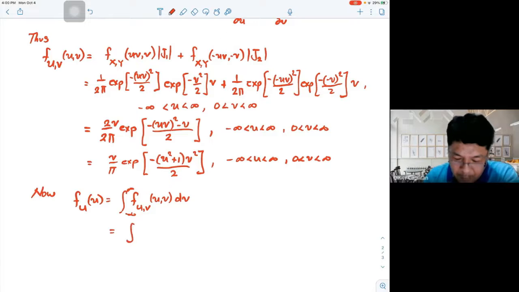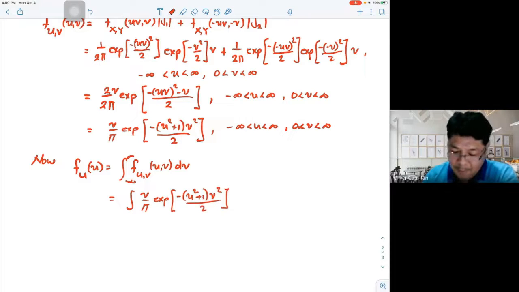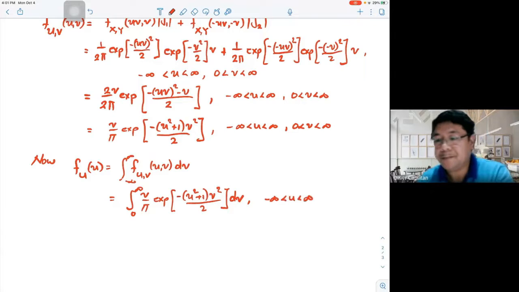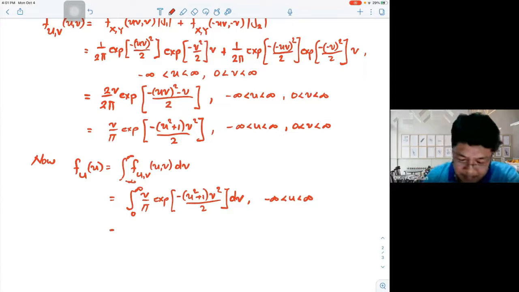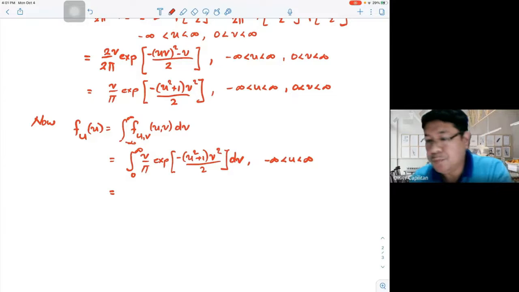So we have here v over pi, exponential function, v square over 2. Yung indicator function natin sa v, that is 0 to positive infinity, so we have here dv, well, for u, ganun pa rin.